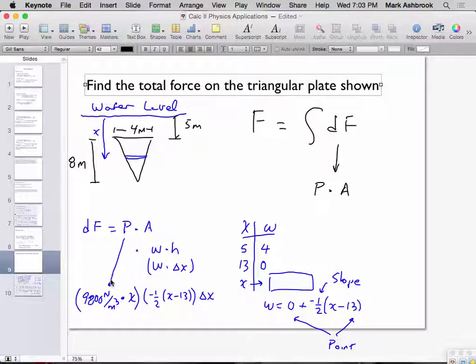So the pressure is our weight density times x. Area is the width as a function of x times delta x. So that's our little bit of force. Okay, so now we're ready to write the integral.